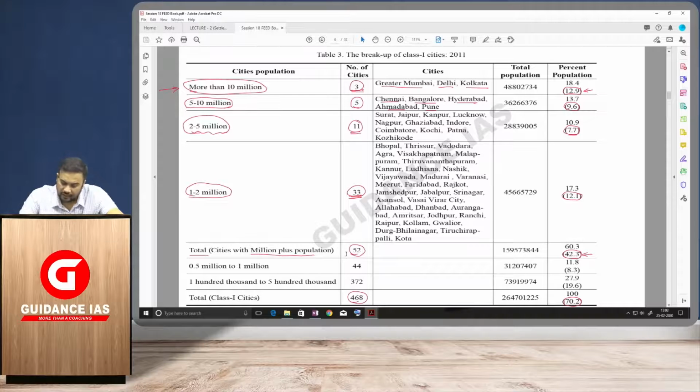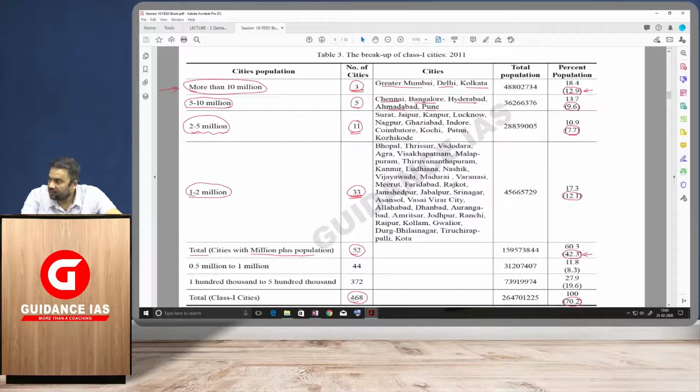That means in 52 cities, more than 40% of the total urban population is living. The rest, more than 400 cities, have only 30% of the people. So the distance between the million plus cities and the other, lower order class 1 cities is very, very high.